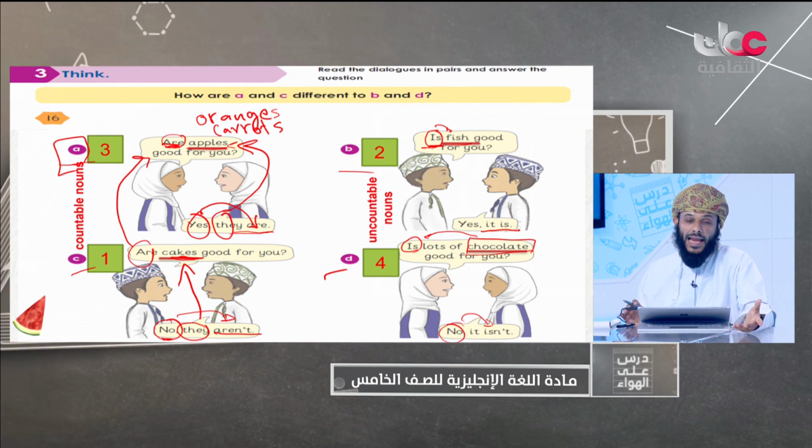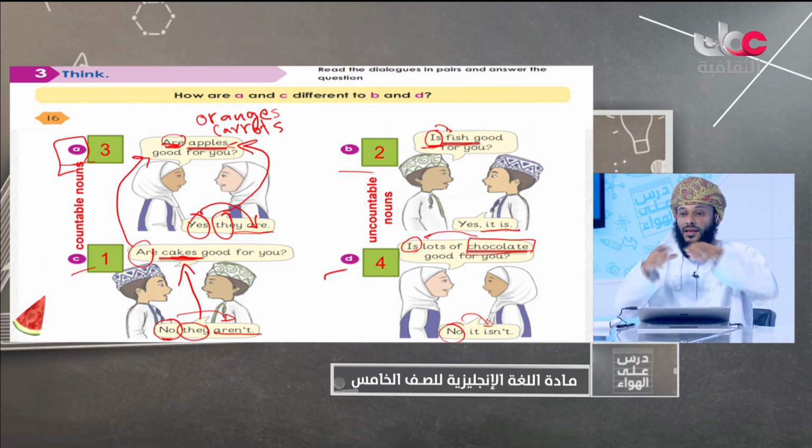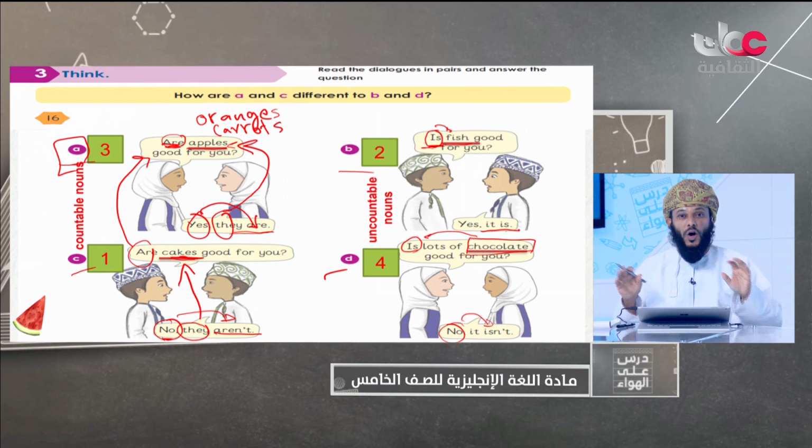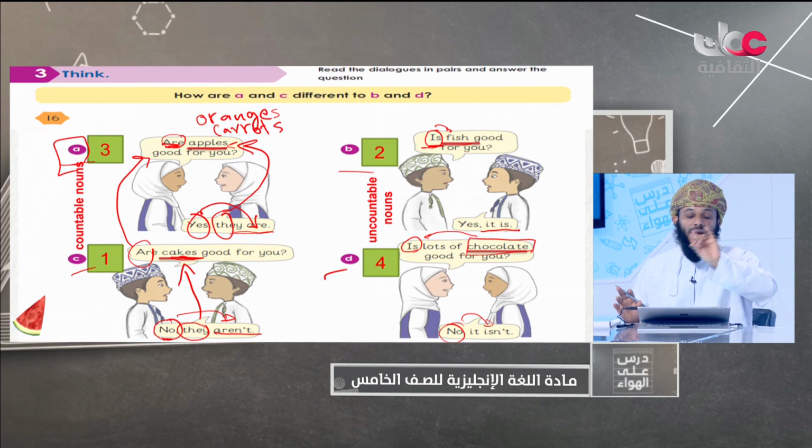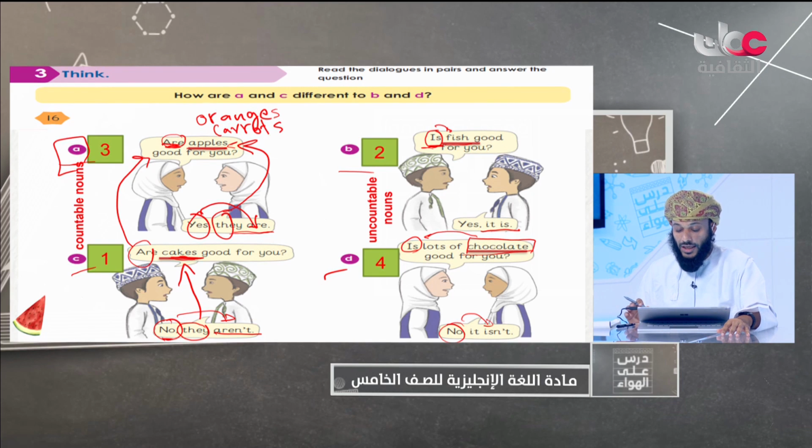Yes, we can count bags of chocolate or cartons of chocolate, but we cannot count chocolate. We cannot count fish, sugar or water.